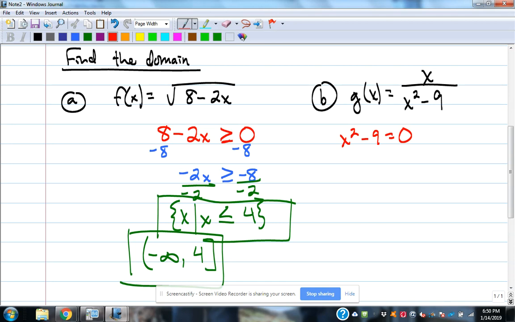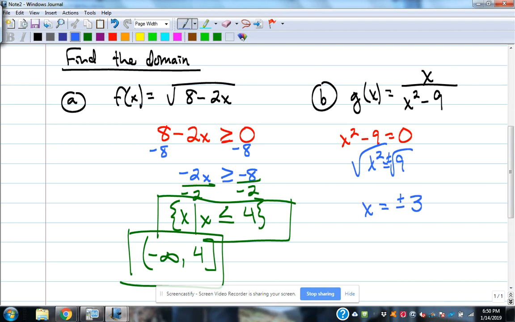All right, so we added 9 and got x squared is equal to 9, right? Now what? Take the square root. So that would be x is equal to plus or minus 3. Anytime you take a square root to solve something, you have to use that plus or minus.